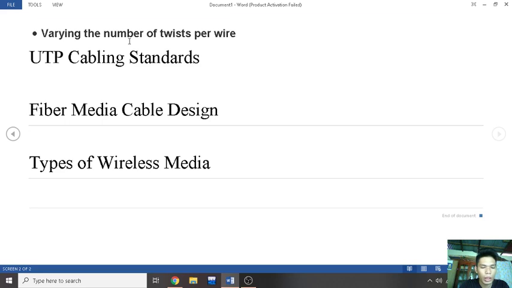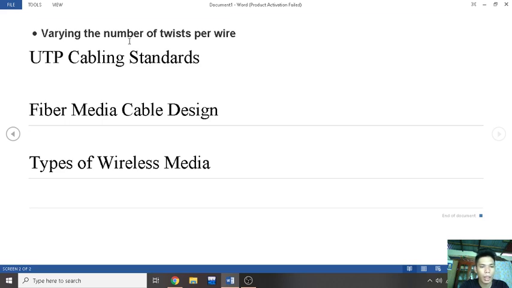Last, we have Category 6 UTP cable, used for data transmissions, with added separators between pairs of wires allowing it to function at higher speeds. It supports 1000 Mbps, and 10 Gbps, though 10 Gbps is not recommended.